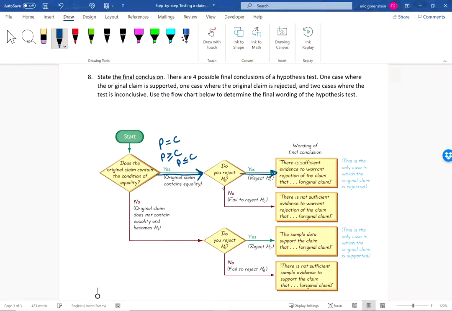So you're either here or here. So if the original claim contains equality and you reject the null hypothesis, you're at this box right here, you reject the original claim. Or if the original claim contains equality and you fail to reject the null hypothesis, anytime you fail to reject the null hypothesis, that means the test is inconclusive.